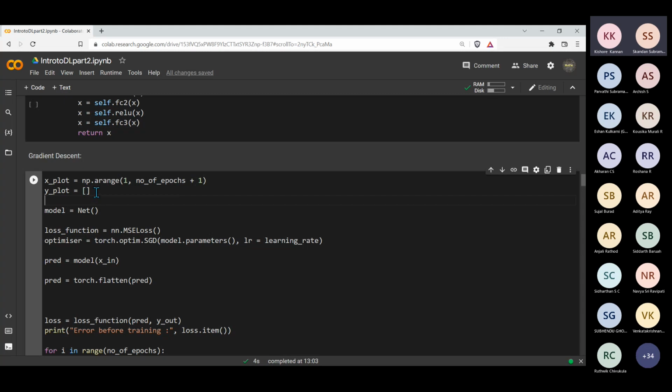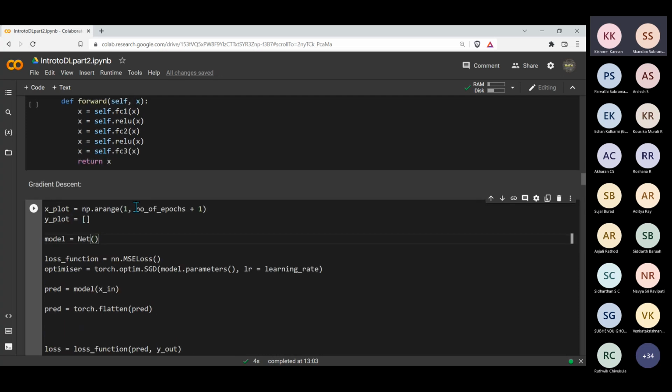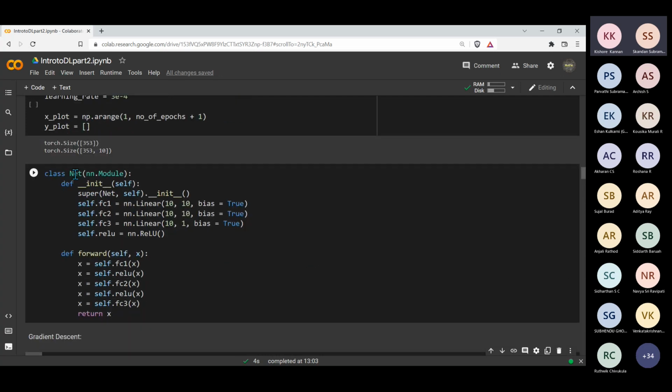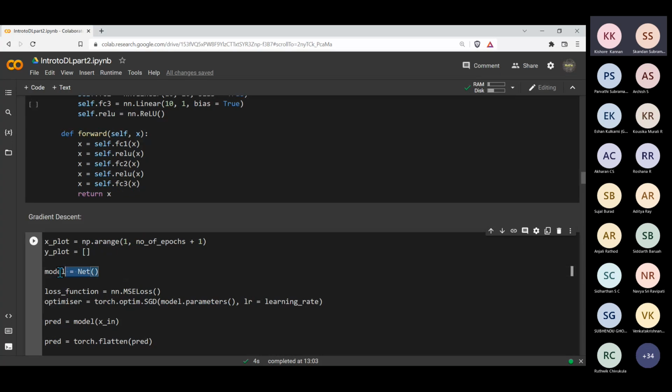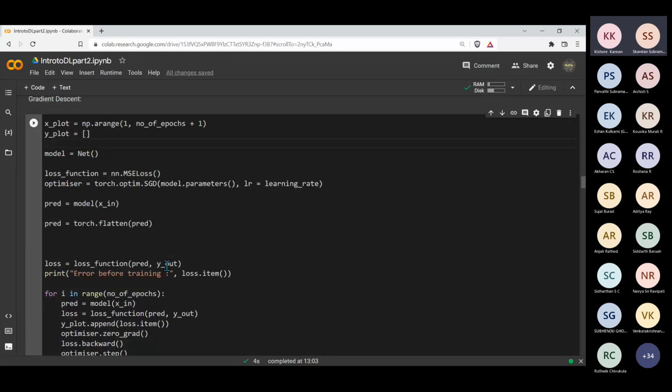And next we have y plot equals just an empty list, and we'll update it. Next we have to make an object out of the class, the Net class. This will be the neural network that we are going to use. The loss function that we are going to use here is the MSE loss, which stands for mean squared error.